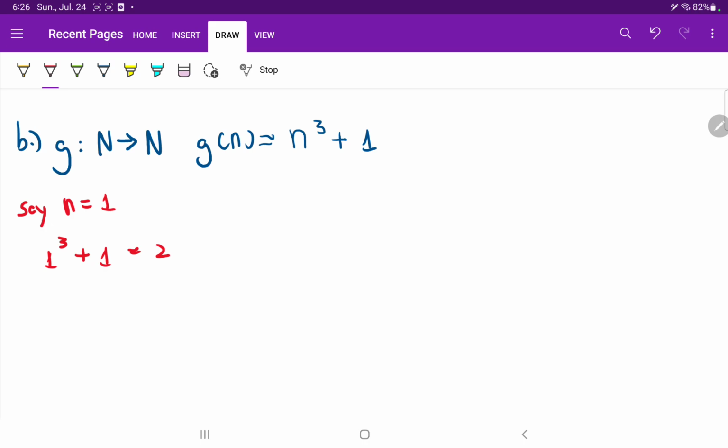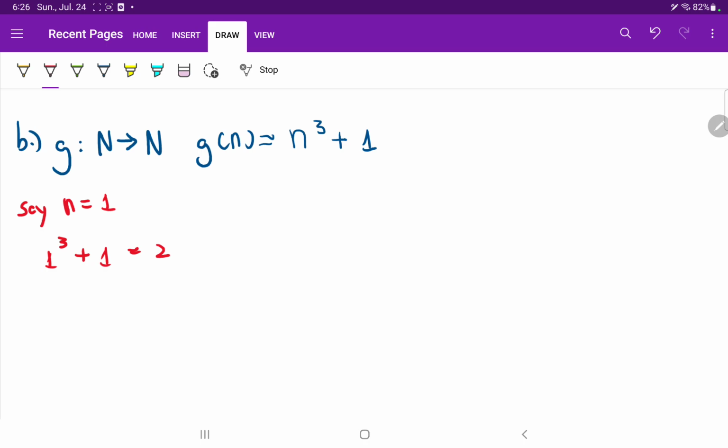And as you can see, there's no way that you can ever produce 1 as a result for any input value. The smallest number that you can put into our function is 1, and it doesn't give the value 1, but the value 1 is in our codomain, because our codomain includes all natural numbers from 1 to infinity. So not every element in our codomain has a corresponding element in our domain.